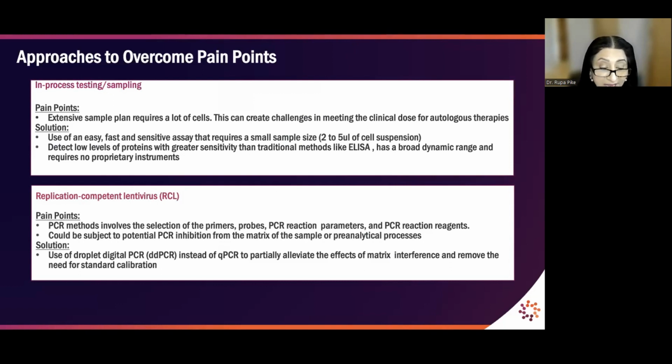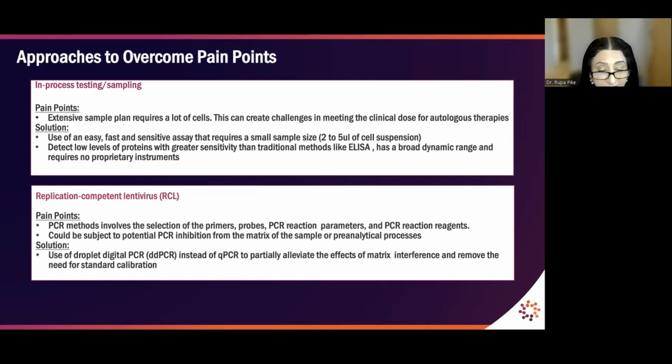This can create a challenge in meeting the clinical dose, especially for autologous therapies where the starting material is very precious, could be very little, and having an extensive in-process testing plan can jeopardize the final number of cells required to make the clinical dose.